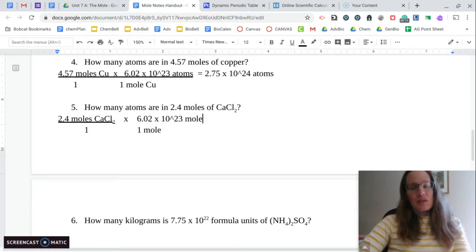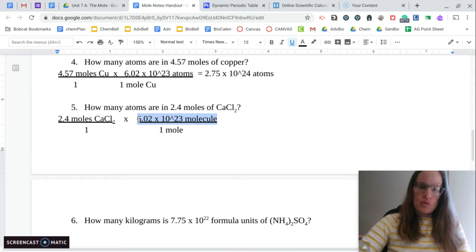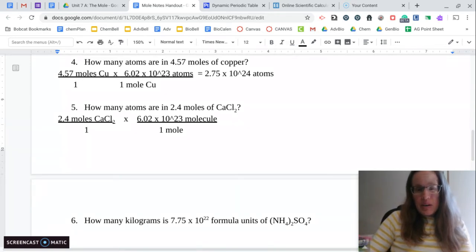And here you can't really abbreviate molecule as mole, so I usually at least put the C on there. So that's 6.02 times 10 to the 23rd molecules, because calcium chloride is a molecule. It's not just one atom. So now I'm going to have one more step. I'm going to have to put molecules on the bottom because molecules are on top.